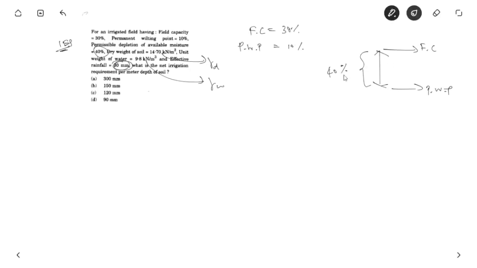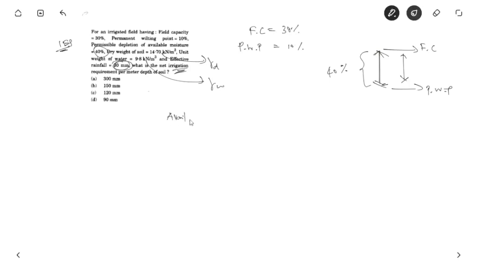So we have to calculate the readily available moisture first, which is 40% of the difference between FC and PWP, and subtract the rainfall to get the net irrigation. One important thing here is that we have to subtract the effective rainfall.